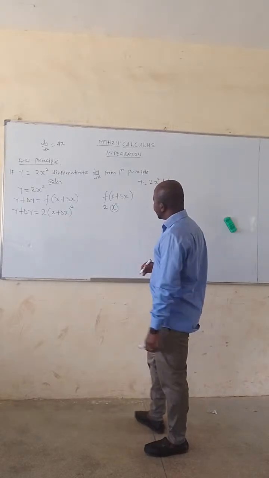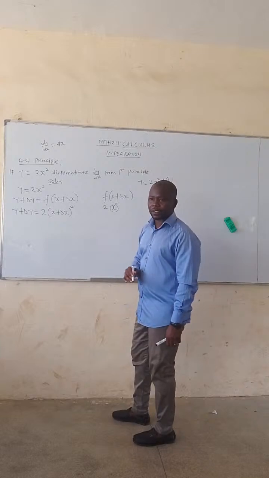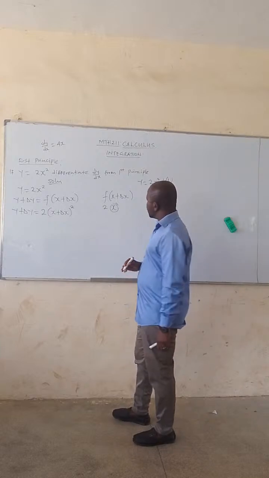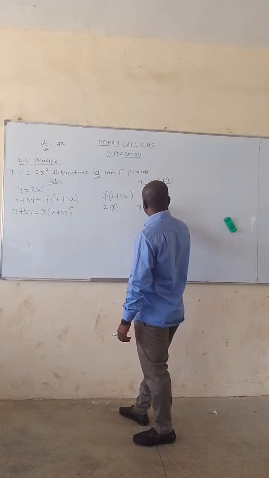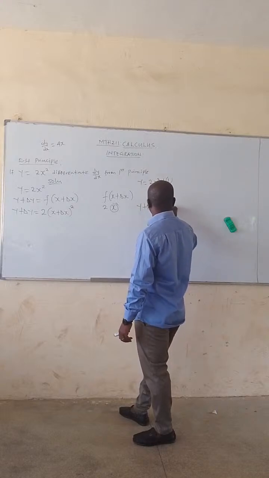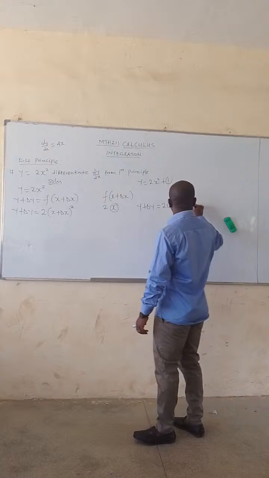Amen? It means this is a constant. True or false? True. So what you are going to write is y plus dy is equal to 2 open bracket x plus dx all squared plus 1.